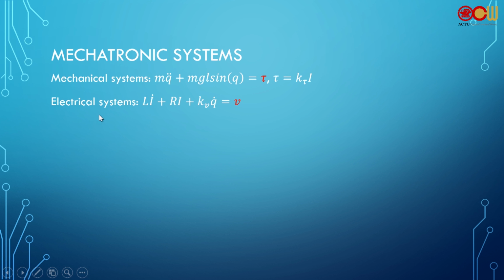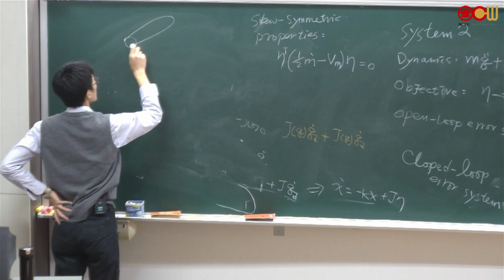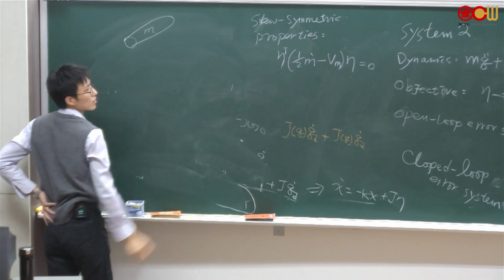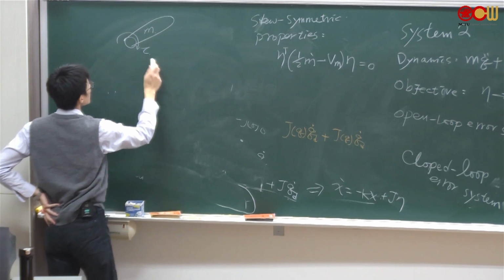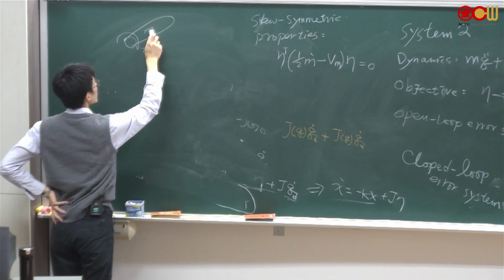So first, mechatronic systems. The first system is a mechanical system, considered as a robot arm linked by joints, and the joint has a state called q, and here's the dynamics. Obviously here's a single joint, like this, with mass M. You have torque, and the center of gravity is here.